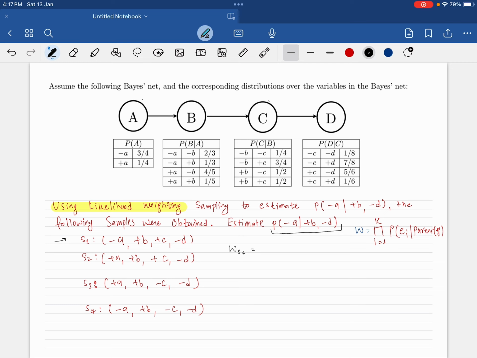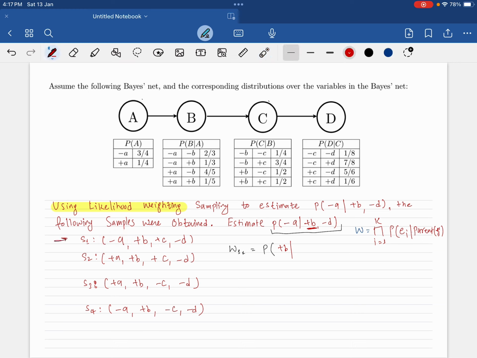The weight of the first sample would be the probability of the evidence plus b given its parent. Its parent is a, and in the sample it is minus a.